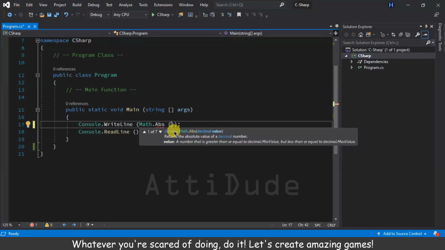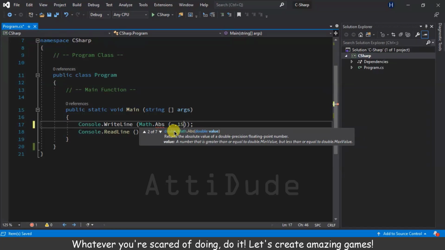Absolute value is nothing but, whatever number you have, it is always gonna be positive. Like if you provided -5, it is gonna give you 5. If you provide -10, it's gonna give you 10, not -10. If you provide 1.5, it's just gonna provide 1.5.